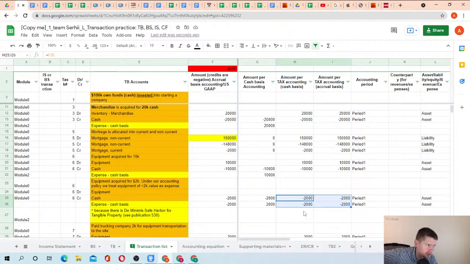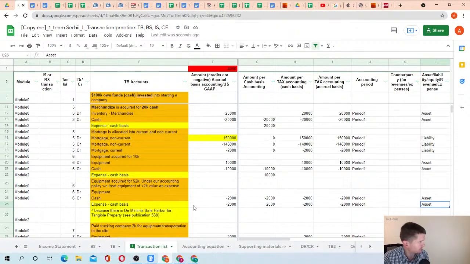I would assume your fridge is less than $2,500. So that's where accountants can bring some real value to the business. Or if you are a business owner, you might want to ask your accountant about that de minimis threshold.